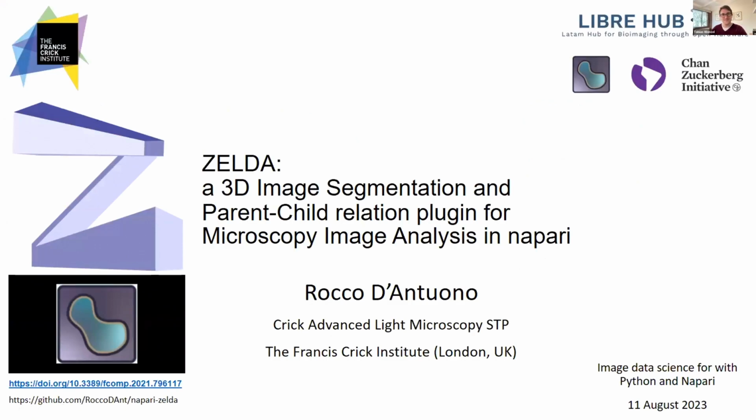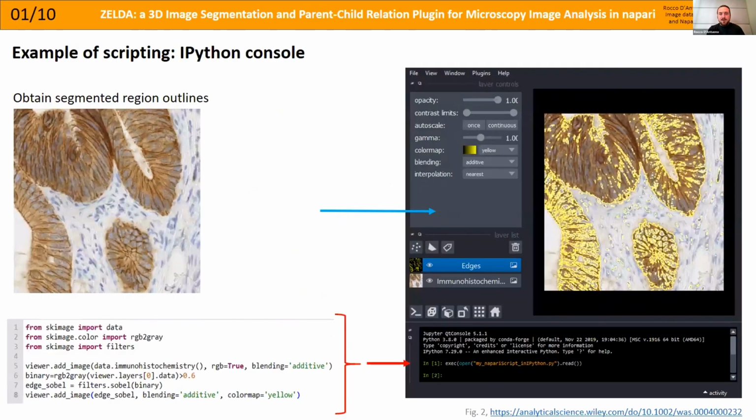Yeah. Okay. So Zelda is a plugin that I started 2 years ago, and it is a plugin for doing 3D image segmentation and parent-child relation for microscopy images in Napari. Now we are at the end of the workshop, and we learned a lot of stuff.